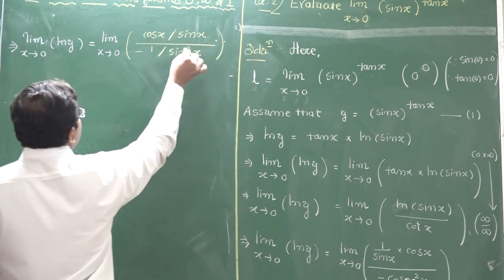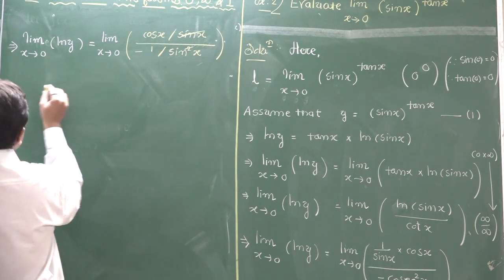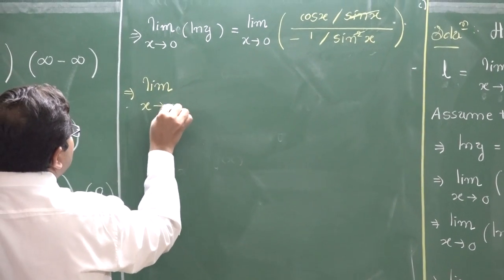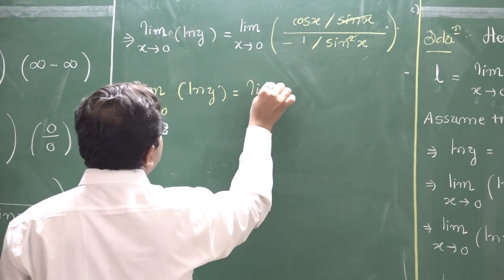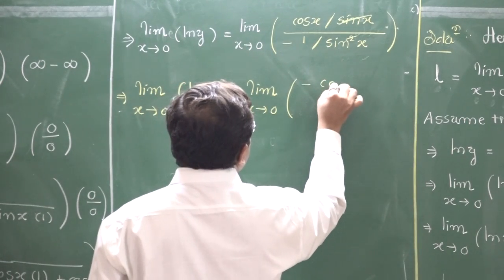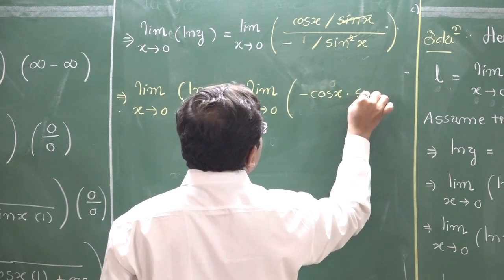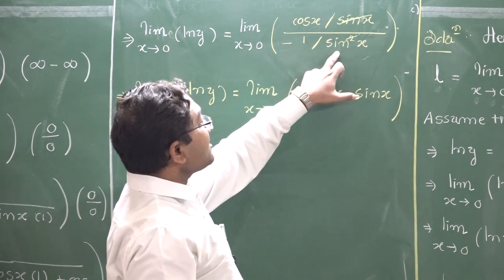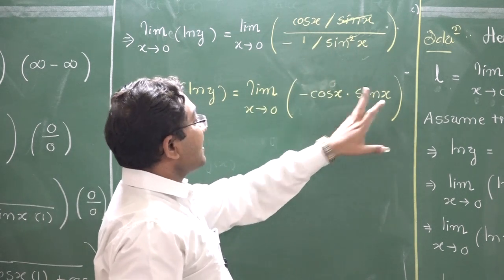Then sin and sin will cancel out, hence we get limit x tends to 0 ln y equals limit x tends to 0 of minus cos x into sin x. The denominator becomes the numerator, cos x is there, multiplied with sin x.